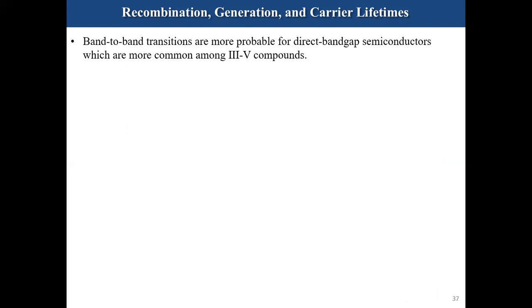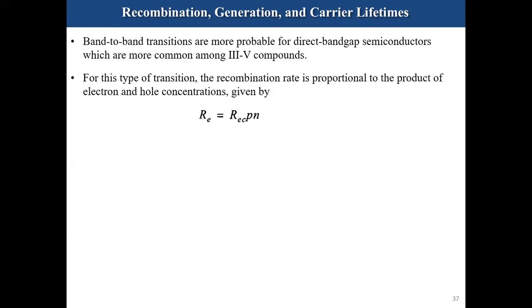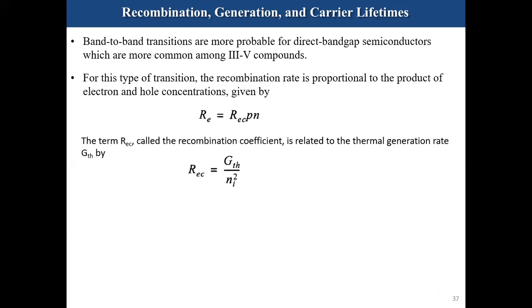So this requires some understanding of the band-to-band transitions, which are more probable for direct bandgap semiconductors, which are more common among III-V compounds. In this kind of transition, the recombination rate is proportional to the product of electron and hole concentration and given by this. Now, we need to understand that the recombination coefficient is related to the thermal generation rate also.